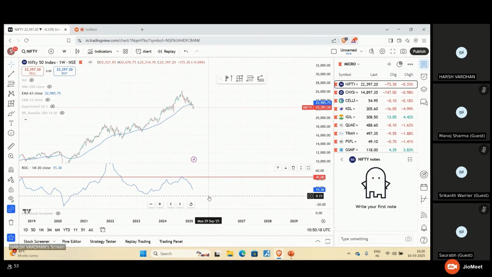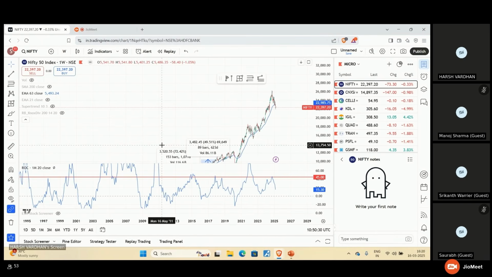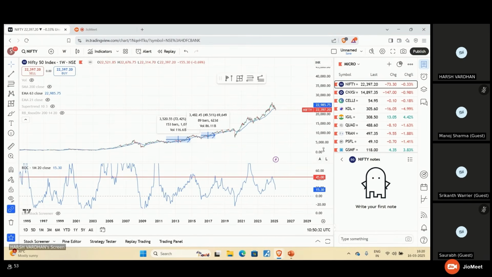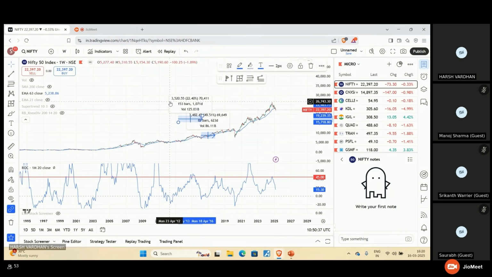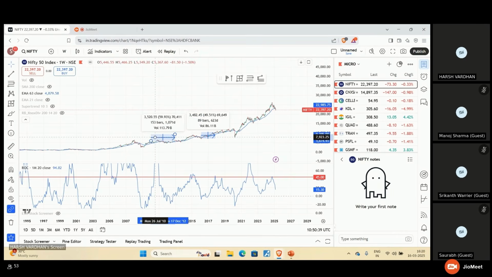If it goes to -20, -30, -40, these types of levels, then it's a once in a lifetime opportunity to make money. Use leverage and buy. You will get those signals only during COVID and the 2008 crisis at the absolute bottom. So that is a once in a decade or once in a lifetime type of opportunity. Don't miss it.